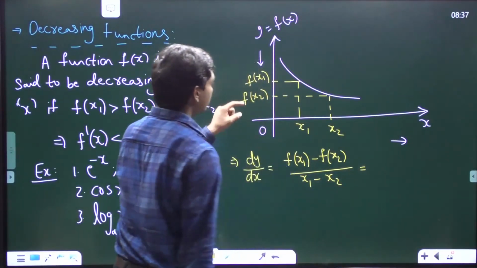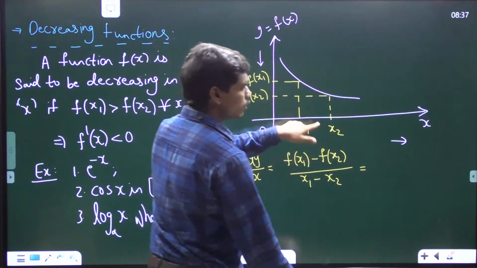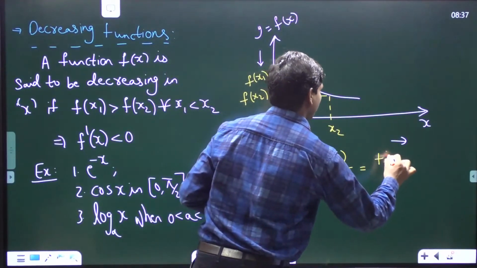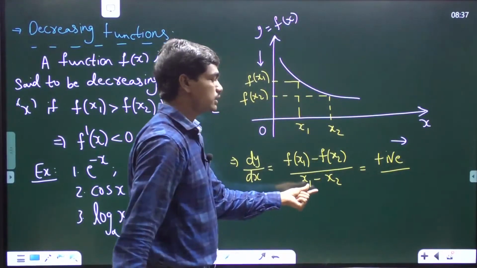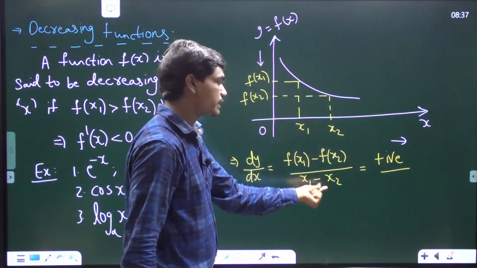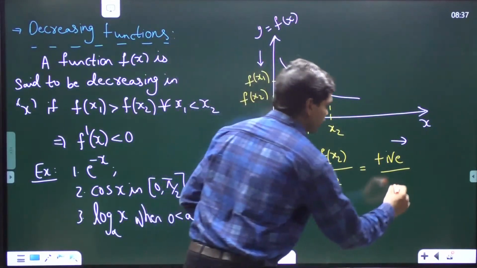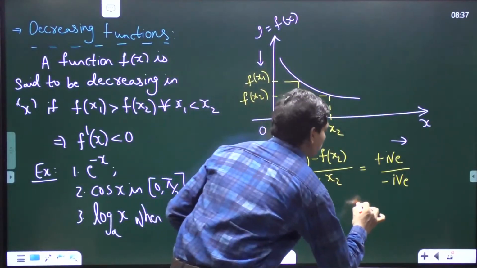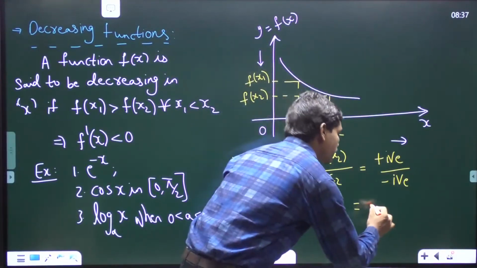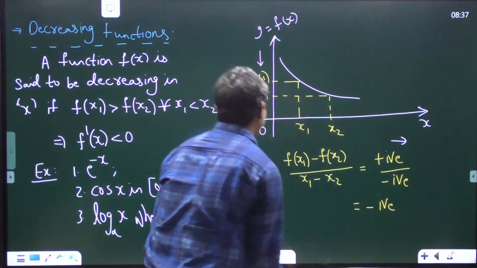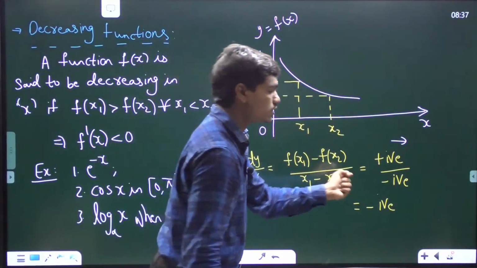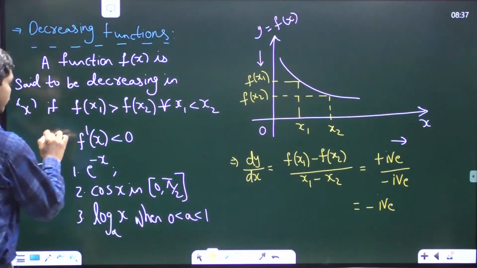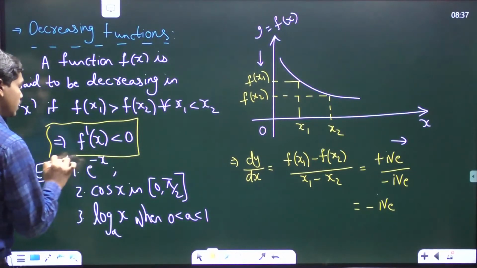So since f of x1 is on the top, this value of numerator is positive. And since x1 is to the left of x2, this difference x1 minus x2 is negative. Yeah, f dash of x is negative now. Correct. So positive value divided by negative value would give you a negative sign. So this dy by dx is negative, and that shows this differentiation f dash of x is less than 0.